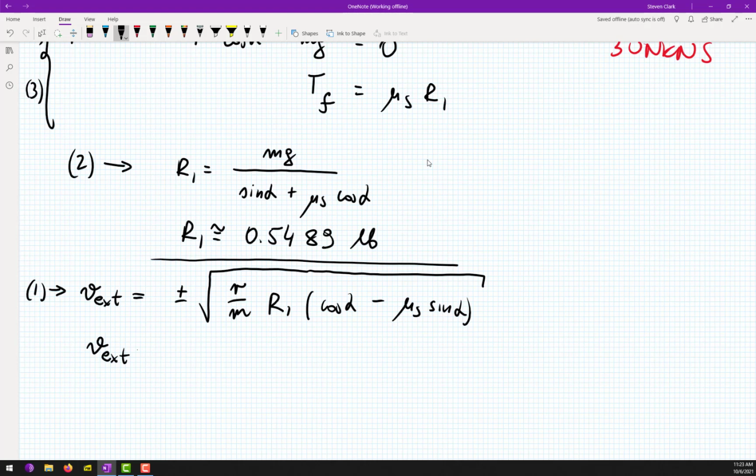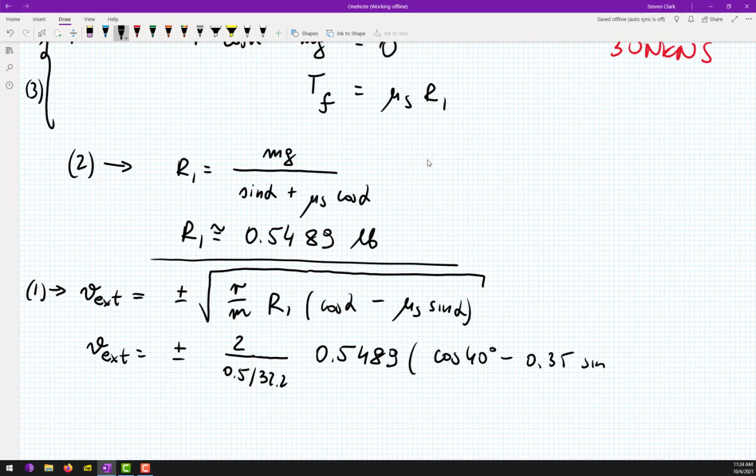Just maybe some of you will have a question on what happened on the board. So that would be the square root of 2 divided by 0.5 divided by 32.2, times 0.5489 cosine 40 minus 0.35 sine 40.